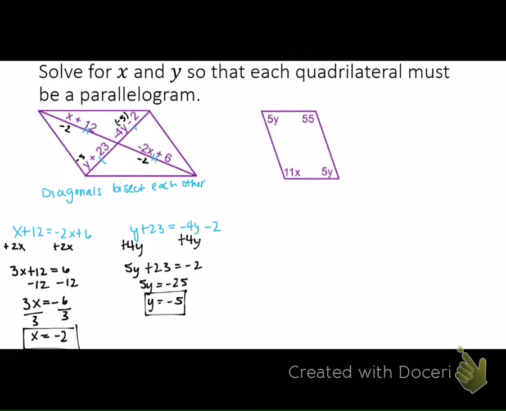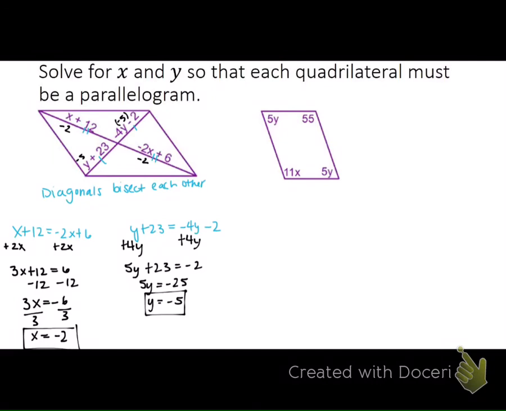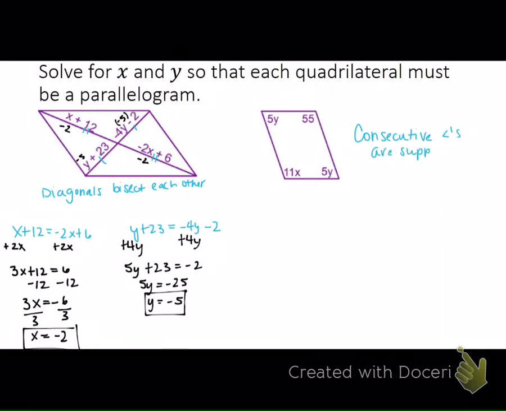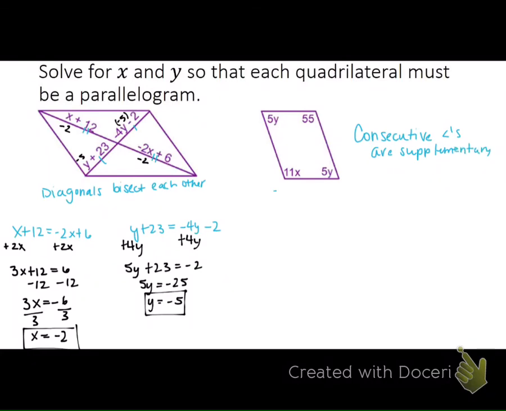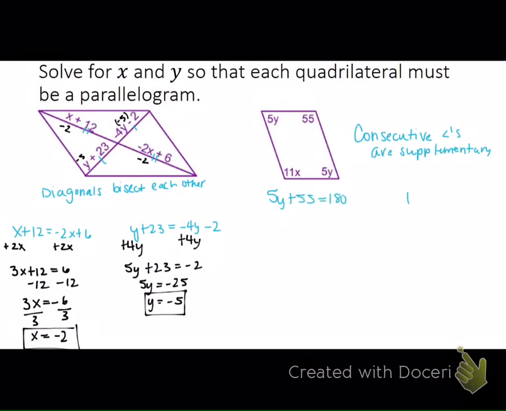What do you guys know about consecutive angles in a parallelogram? Consecutive angles are supplementary, so let's use that fact here. So I have 5y plus 55 is 180, and 11x plus 5y equals 180.